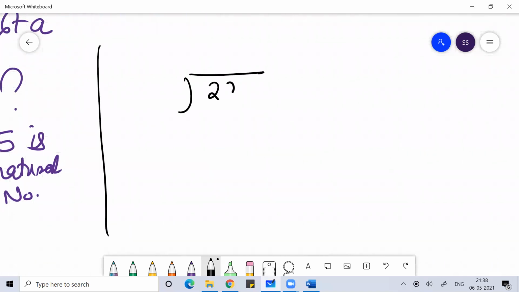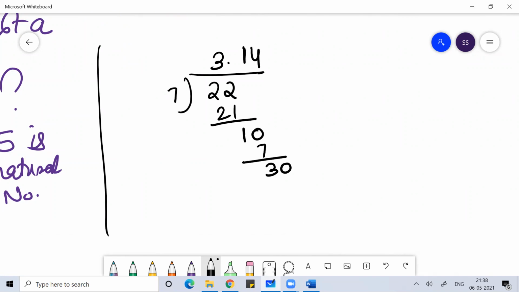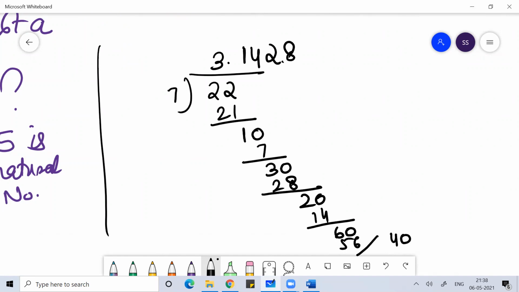If you find the value of 22 by 7, you get this pattern every time.